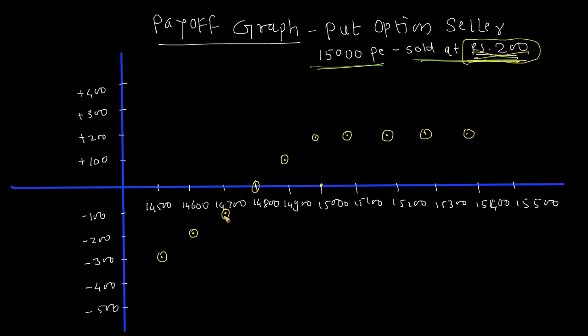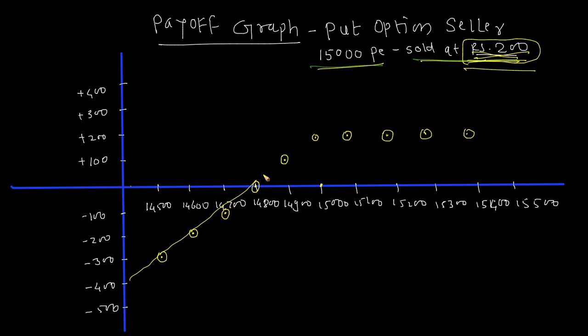That means he has to buy at a higher price. So his loss is 300 rupees from here. The premium he has earned is rupees 200. So net profit or loss will be minus 300 plus 200, that will be minus 100 rupees. Likewise, as the Nifty goes down further, the losses of Mr. Tom increase, right? So he incurs unlimited or heavy losses as Nifty falls further down, right?